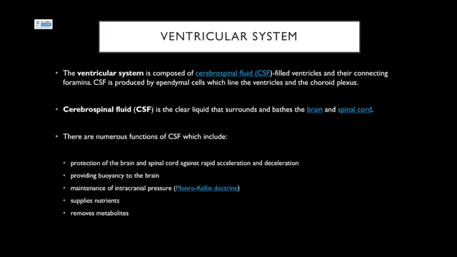So CSF is the clear liquid that surrounds and bathes the brain and spinal cord, and it has numerous functions. So it protects the brain and cord against rapid acceleration and deceleration forces. It provides buoyancy to the brain, maintains the intracranial pressure, supplies nutrients, and removes metabolites.